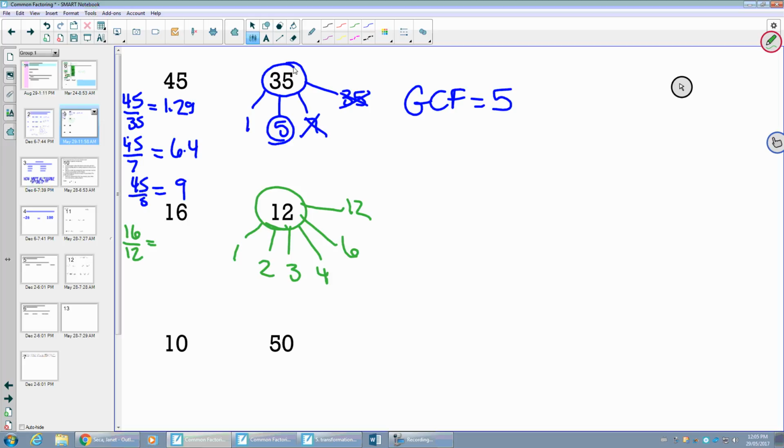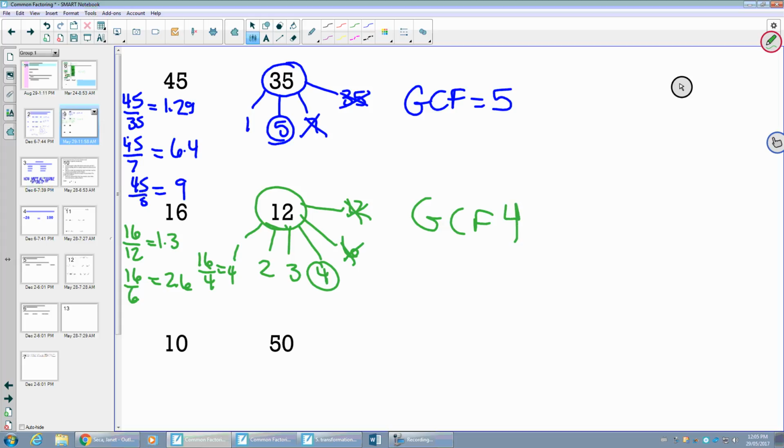I type that into my calculator, and I get 1.3, so I know it's not 12. Then I would do 16 divided by 6, and that gives me 2.6, so I know it's not 6. Then I would do 16 divided by 4. That does give me 4, so 4 is my greatest common factor. So I write greatest common factor is 4.